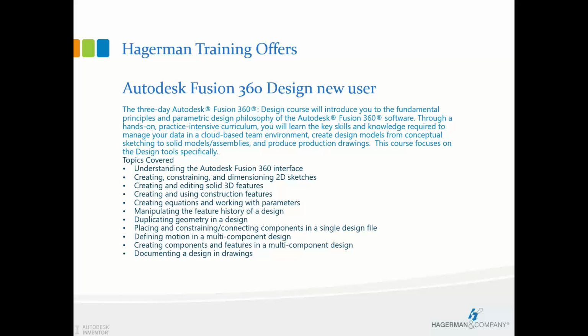Those classes are not what we call our standard classes. We prefer on the manufacturing side to engage one-on-one with customers, because one customer might want to learn more about milling, while the other customer might want to learn more about turning. So throwing everybody from different environments into one class doesn't work well. So for manufacturing, we prefer to do those as custom classes, one-on-one.